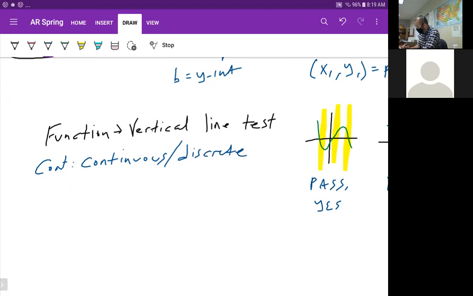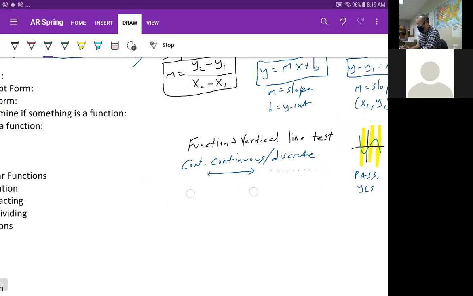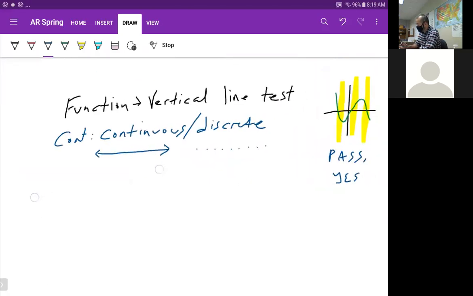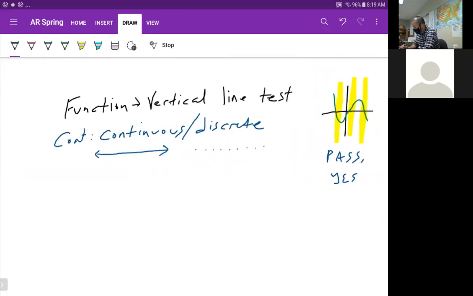Continuous is where it's a line, discrete is where it's points. Domain and range. Domain is the x values. And then range is the y values.